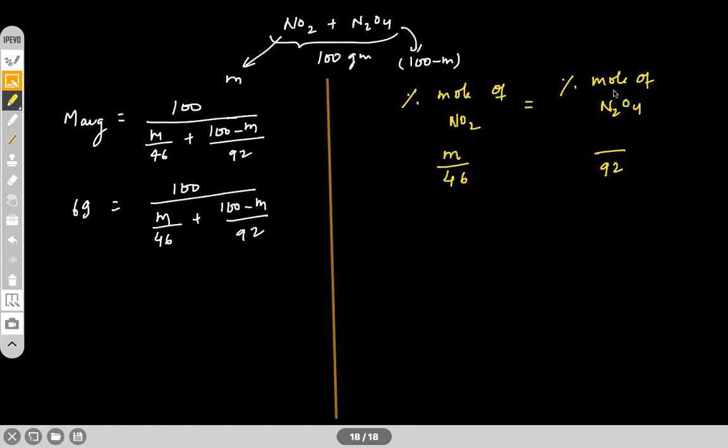The mass of N2O4 should be twice that of NO2. Yes or no? Suppose it is m, so m by 46 is the mole. So the mass of N2O4 should be twice the mass of NO2, so that the ratio is again m by 46. Clear? Did you get it? Tell me, guys.